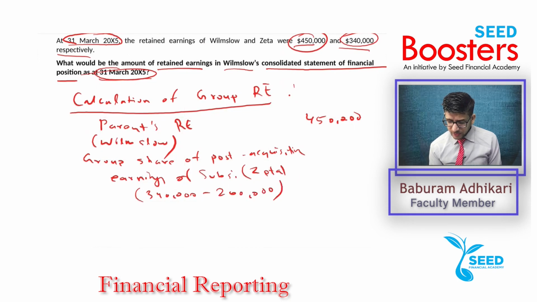So it means that post acquisition the subsidiary has earned 140,000 more. The share of the group is 80%. So 140,000 into 80% will be 112,000. This is the group share of post acquisition earnings of the subsidiary.